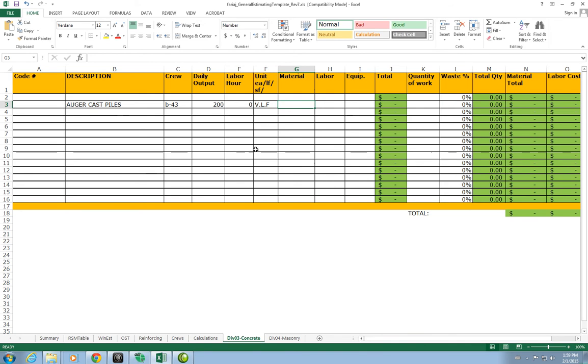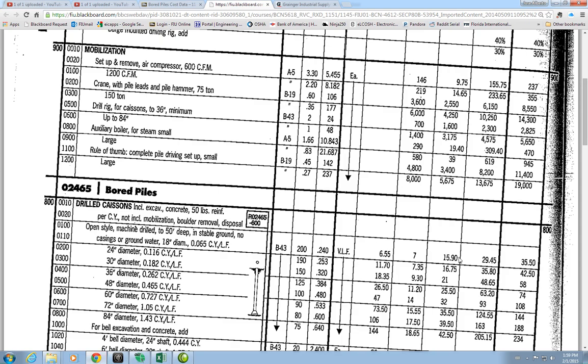The cost for materials is 6.55. The cost for labor is 7, and then the cost of equipment is 1590, right? Those numbers are taken straight from the numbers that we got from the RS Means book.